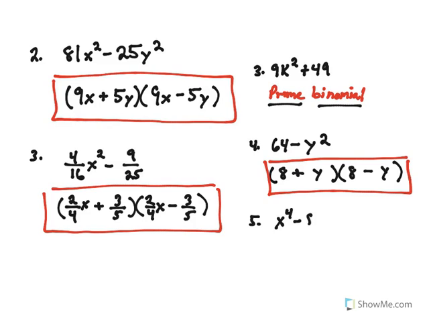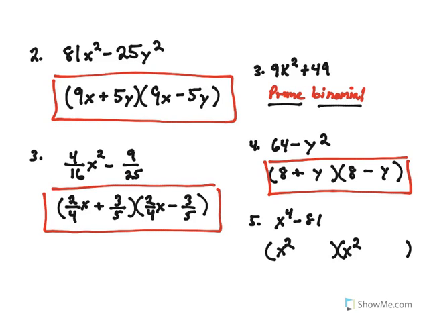X to the 4th minus 81. Okay, this is a good one because we look at x to the 4th. Is that a perfect square? It actually is. Because remember, x squared times x squared, when you add the exponents, 2 plus 2 is 4.